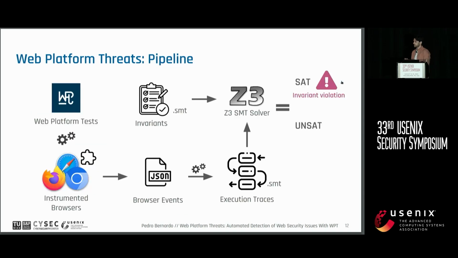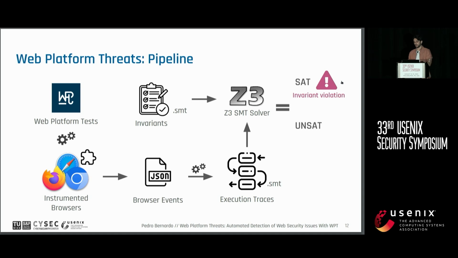So how do we address these issues in our pipeline? We tackle the coverage problem by running our instrumented browsers on the entire WPT test suite, which is very extensive and lets us capture a wide range of browser behavior. Then our instrumentation consists of a cross-browser extension, which collects events in JSON.